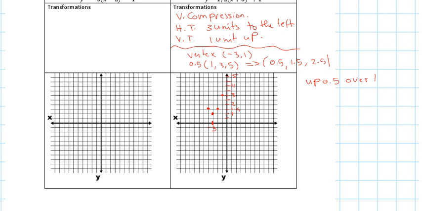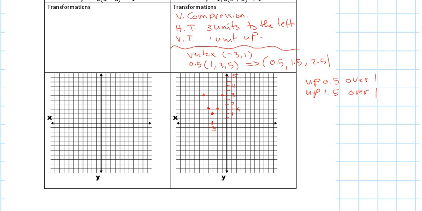Do you guys understand that? So I'm going up by 1.5. That's my second thing, right? So up 1.5 over 1. I was at 1.5. To go up 1.5 from 1.5, 1.5 plus 1.5 gives me 3. Right? So I'm going to end up at 3. Are we okay with this?